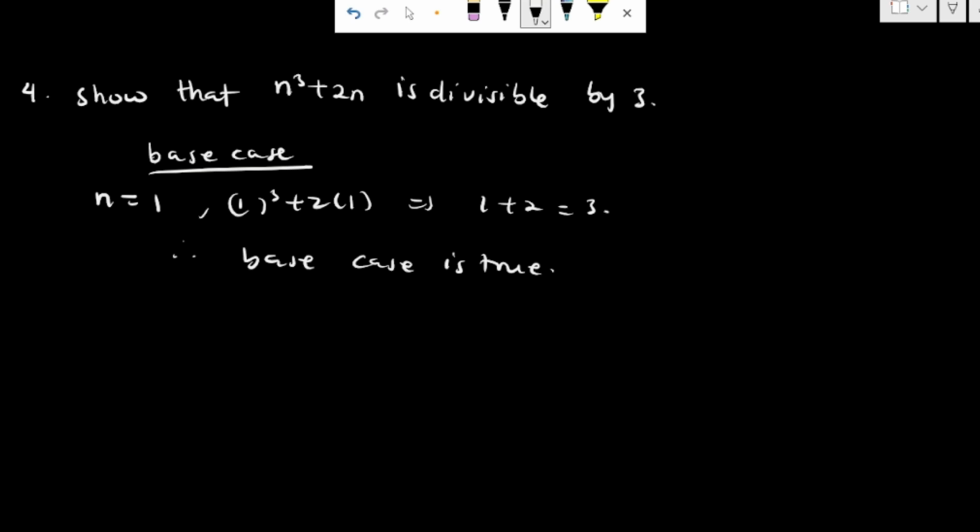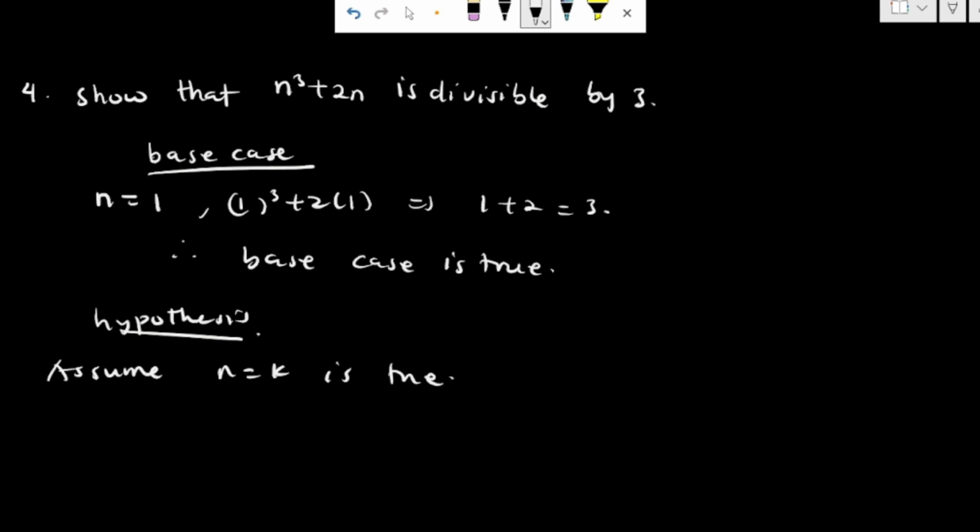At this point, the next thing we are going to do is our hypothesis. For the hypothesis, you assume n is equal to k is true, and we are going to get k cubed plus 2 multiplying k is divisible by 3. And to show that it is divisible by 3, let's make it equal to 3 multiplying a variable.